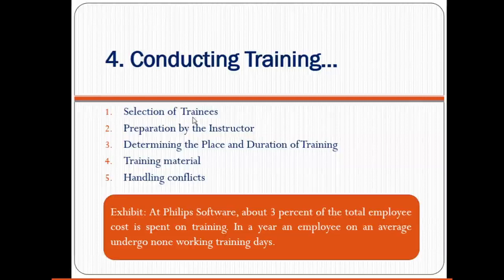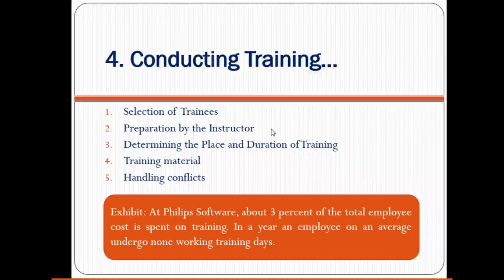Okay, then we have the second level, that is preparation by the instructor or trainer. There's a question that could be raised here: who could be an instructor? The answer to this is that an instructor may be from inside, some senior person from the organization, or an outside expert could be brought in who can take up the training sessions.